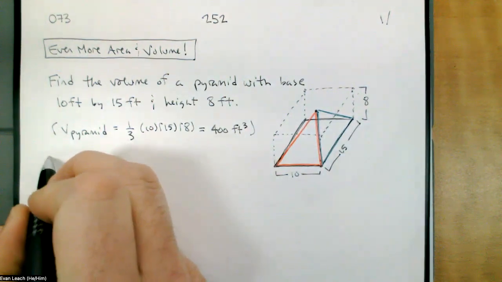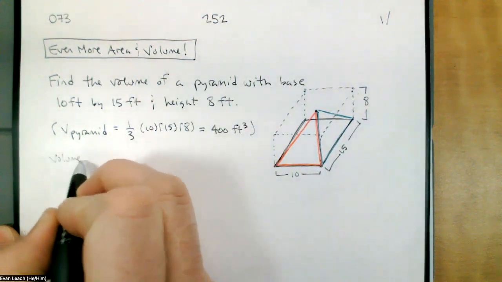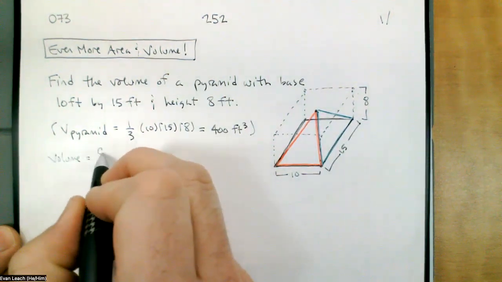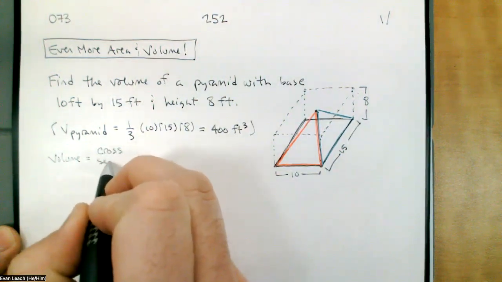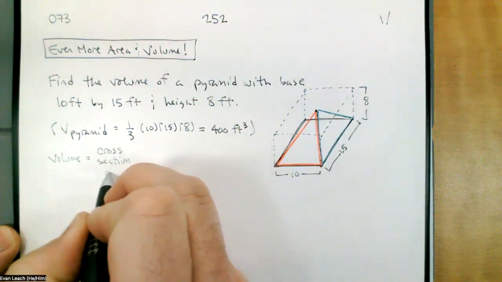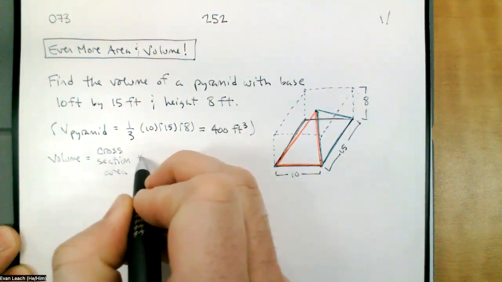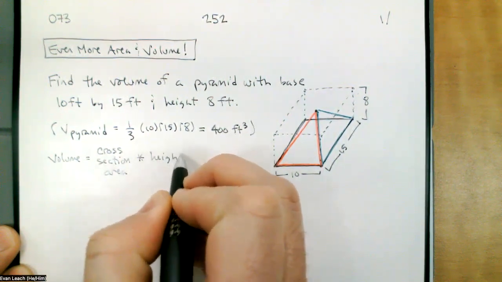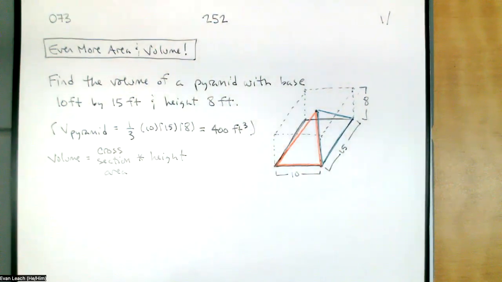I want to set up volume is area of the cross-section multiplied by height. This is what we're trying to set up in these problems. Area of the cross-section multiplied by height.